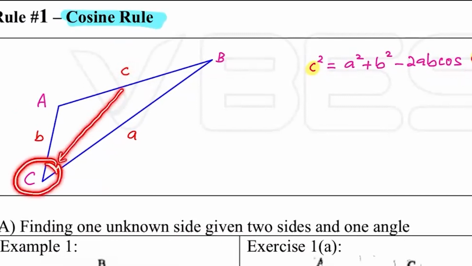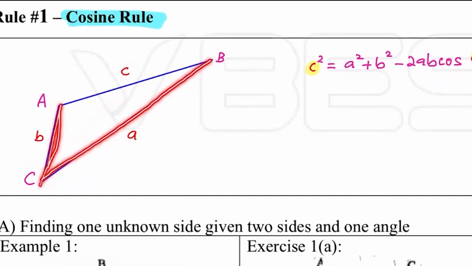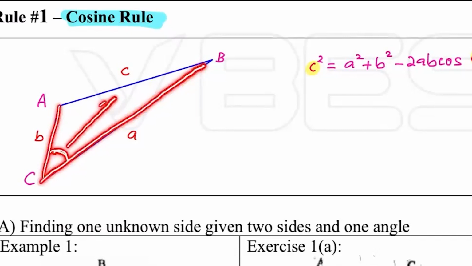For example, if this side is missing and you want to find it, I use the opposite angle. What lengths do I put on the right-hand side? Your a and b. These two lengths are covering this angle, and then I find the opposite one. It's always like this.